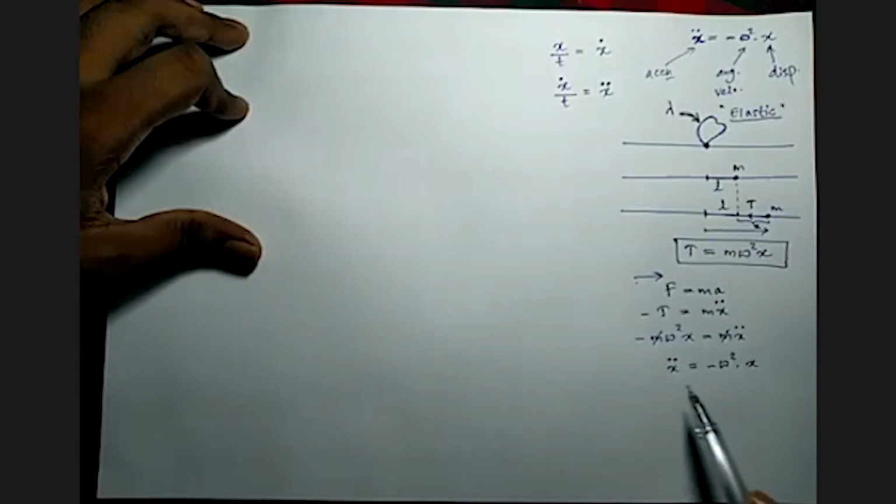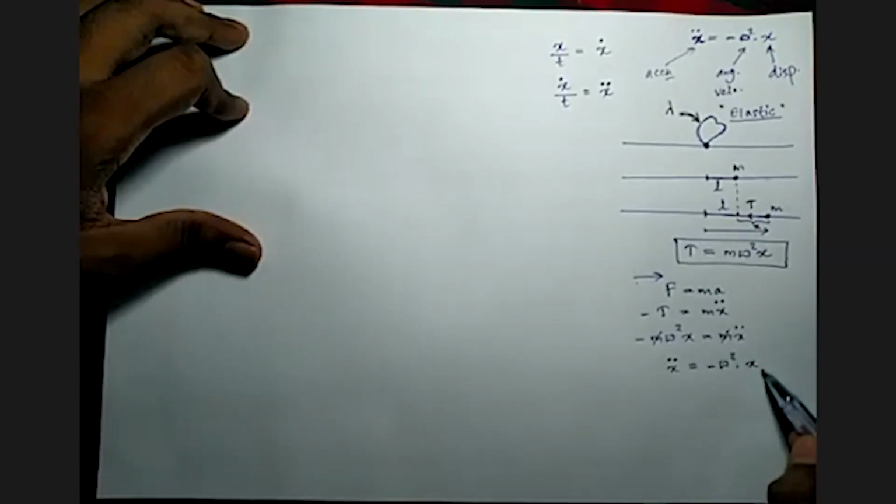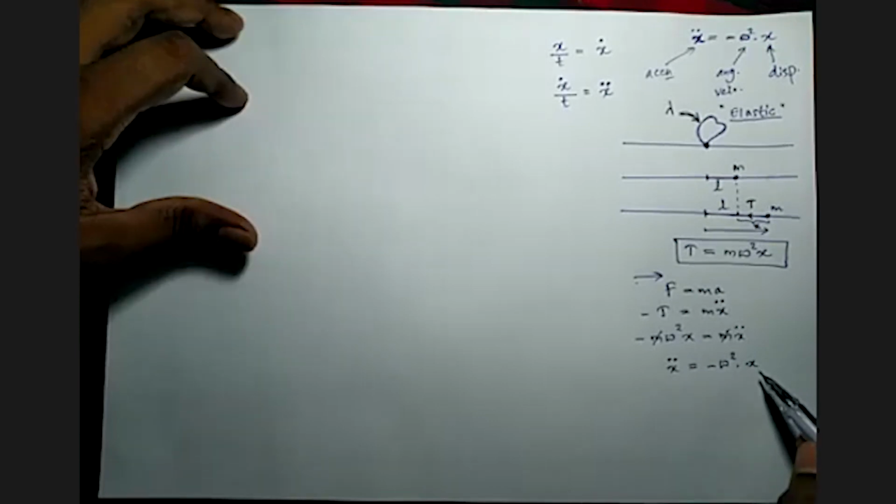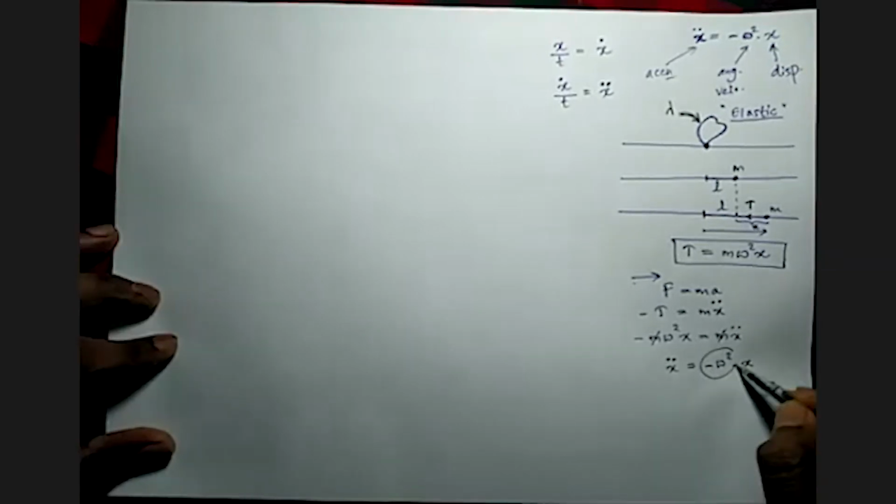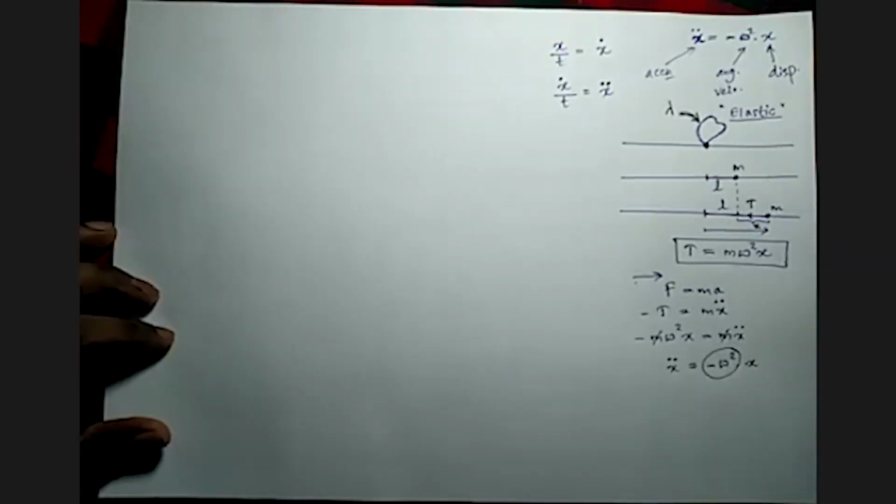Therefore, acceleration is dependent on the displacement of the particle under motion. Omega square is a constant which is to be determined, and that depends on the problem. This part is very important.